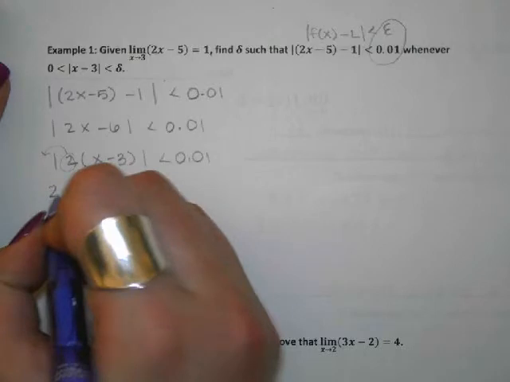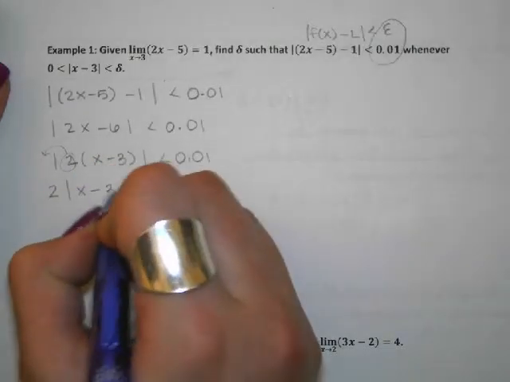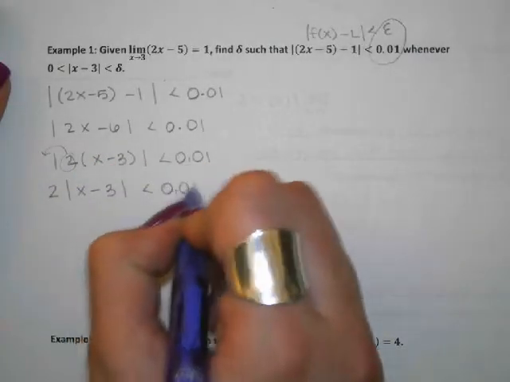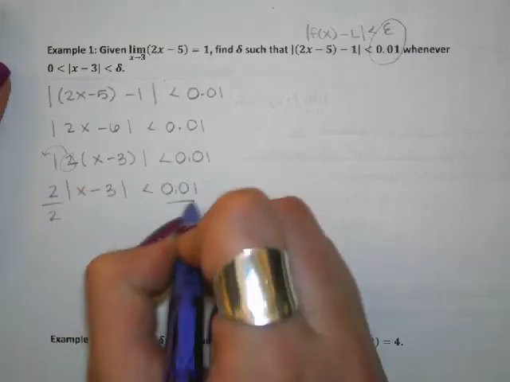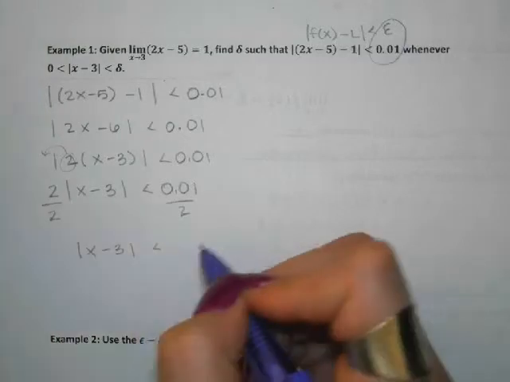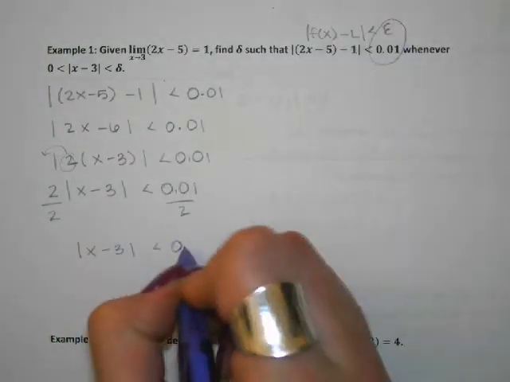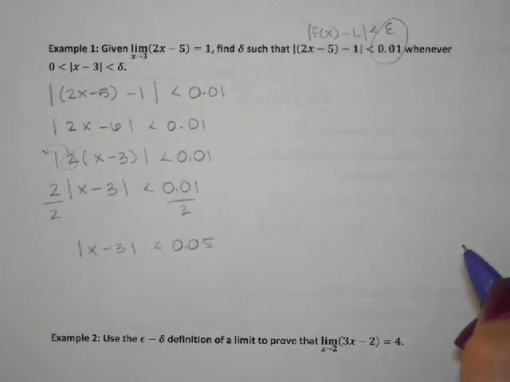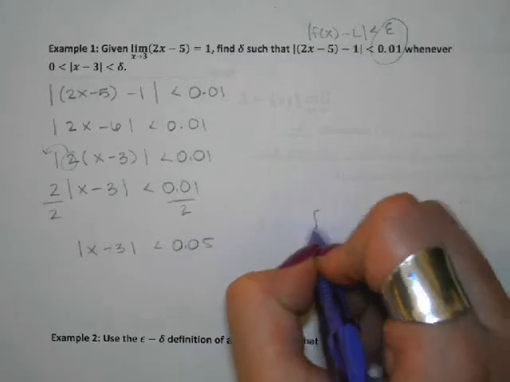So I'm going to call this 2 times the absolute value of x minus 3. And then I'm going to go ahead and divide by 2. And so I get x minus 3 is less than 0.05. Does that all make sense so far? Okay, and that's my delta.